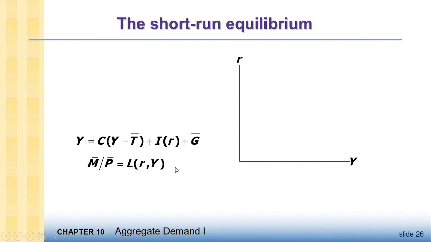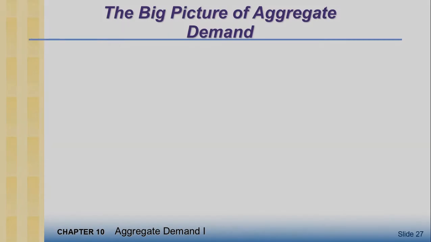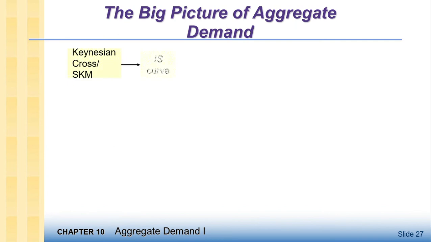So now we know how in the money market income and the rate of interest are related, and it is a positive relationship, and we know how in the goods market the rate of interest and income are related. So combining these two, the rate of interest and income, which simultaneously satisfy the equilibrium interest rate and the equilibrium level of income, we come to the understanding of aggregate demand.